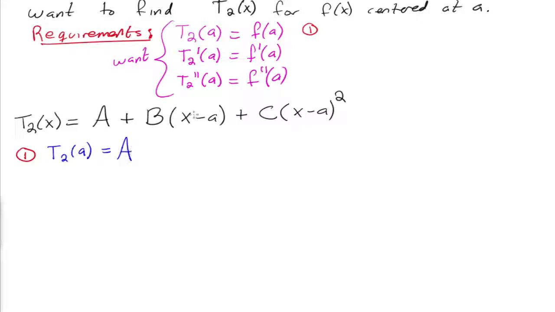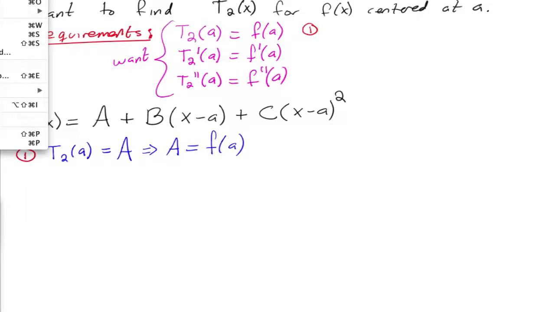Just capital A, right? Because what happens to this term? 0. Okay. So T2 of A is equal to A. So that means that A has to equal f of little a. Does that make sense? So based on requirement 1, that capital letter A has to equal f of a.